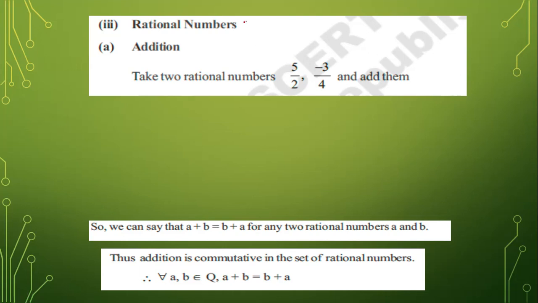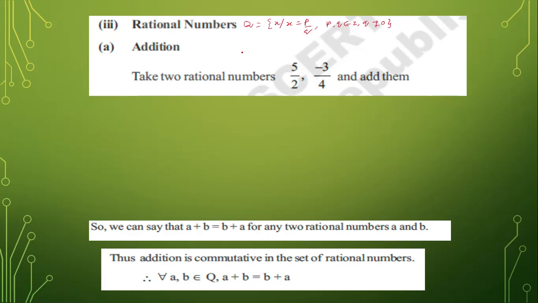What are rational numbers? The numbers which can be expressed in the form of P by Q are called rational numbers, where P, Q belong to Z and Q is not equal to 0. You may observe the definition that I have written on the top of this slide.